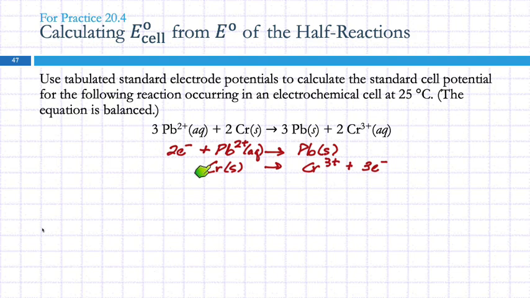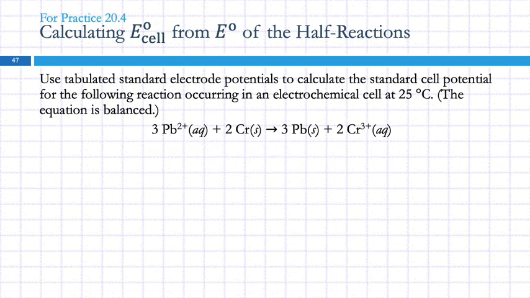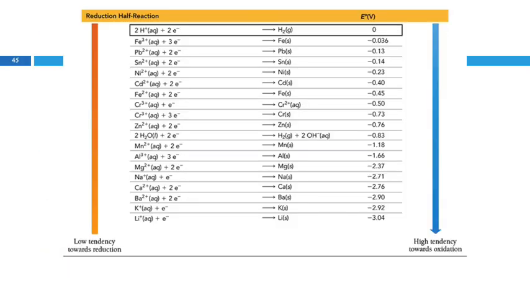So this one is the reduction, right, where it's gaining electrons. And so when we look in the table, we're looking for lead-2 ion. Here's lead-2 ion plus 2 electrons to make solid lead.